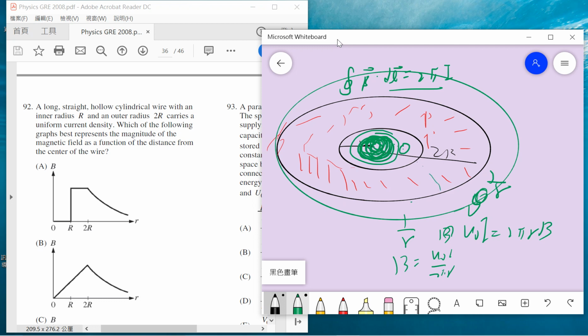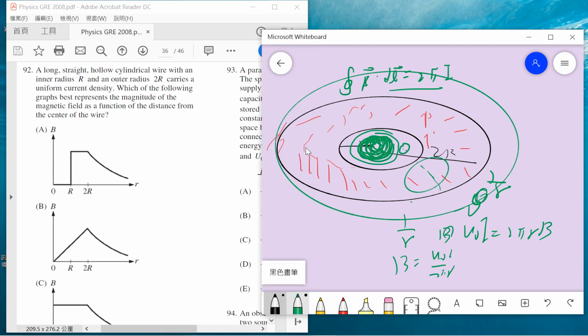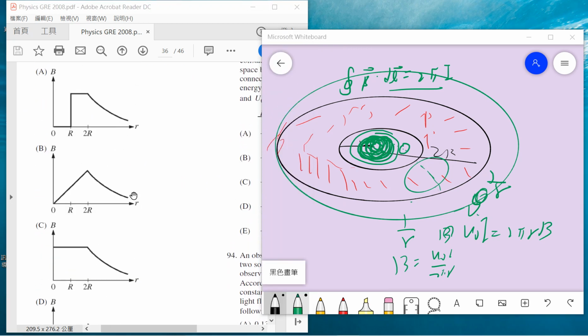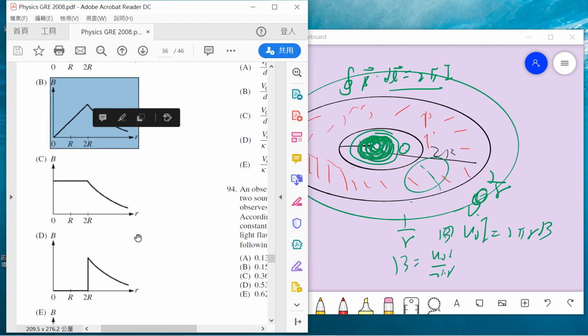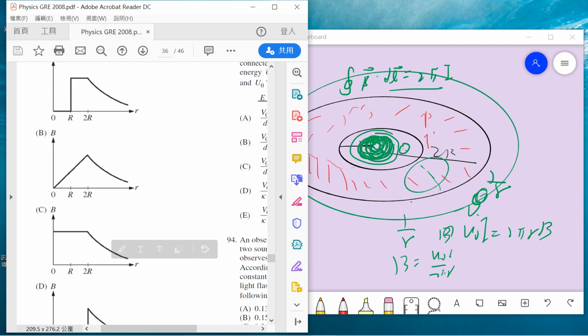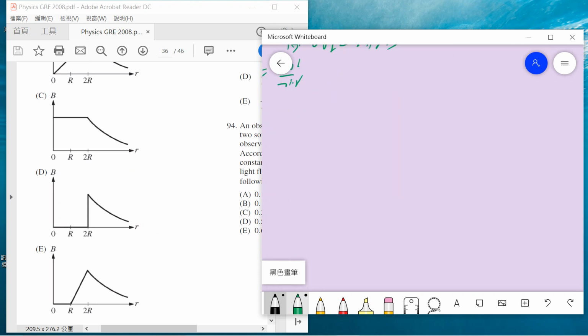The important one is you need to find the middle. What's the middle magnetic field? Due to this 0 and 1 over r, we can already eliminate B and eliminate C. So all the remaining are A, D, and E. Okay, so finally we just need to quickly find which one is correct.